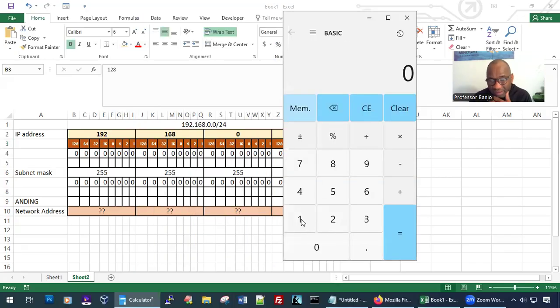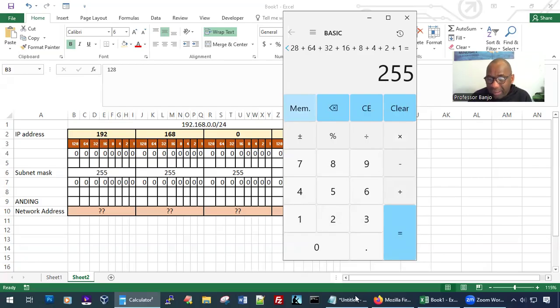Probably pretty easy to add them up. 128 plus 64 plus 32 plus 16 plus 8 plus 4 plus 2 plus 1, right? 255. So we can say that all the bits here, all added together, give you 255, all right?